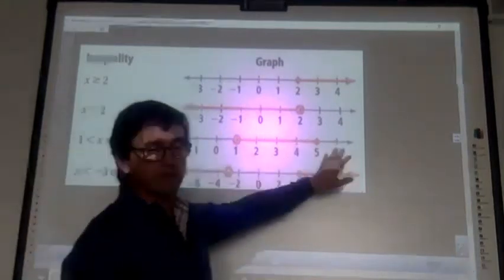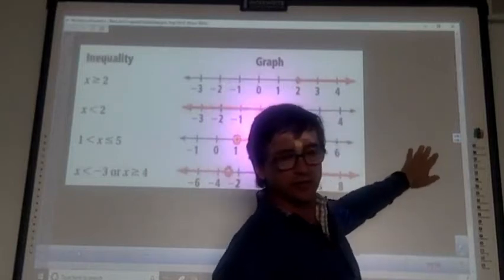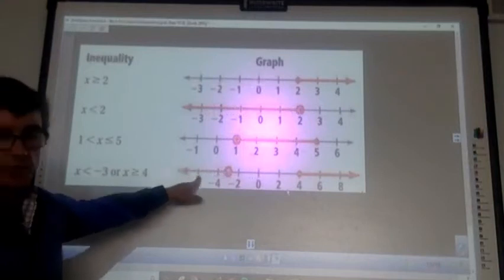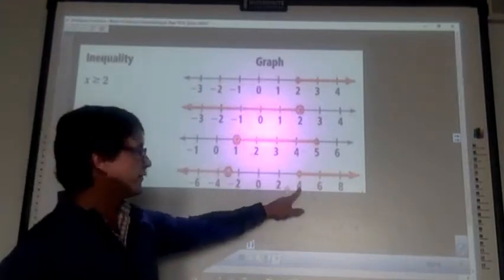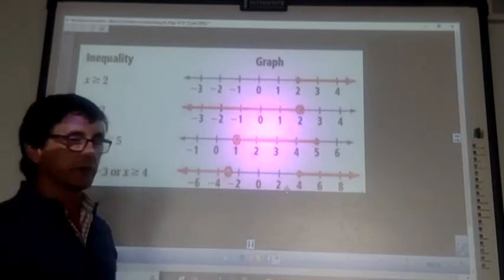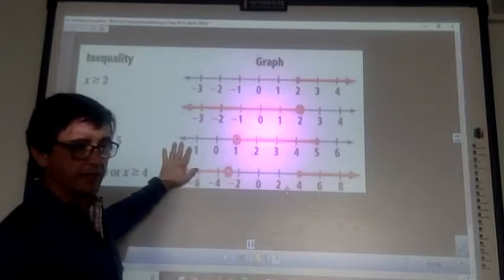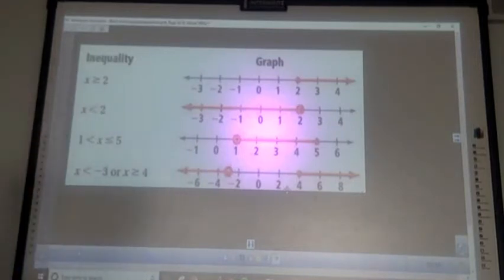Real quick, leave yourself some room on the right side here because we're going to do the interval notation on the right side. So just sketch these graphs real quick. Don't number them all. Just write the -3 and 4 and the arrows going whichever way they go. You don't have to be crazy about it, but get this down because the interval notation will make way more sense if you do.